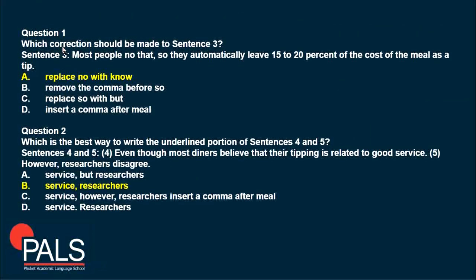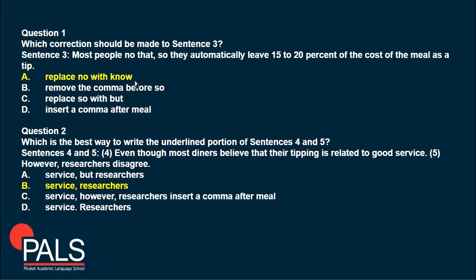There you go. So for number one, most people know, so it's the spelling. This answer choice, letter A, is a homonym error. Homonyms are words that have the same sound, but they have different meanings. The word know means understand, which makes sense in this sentence.